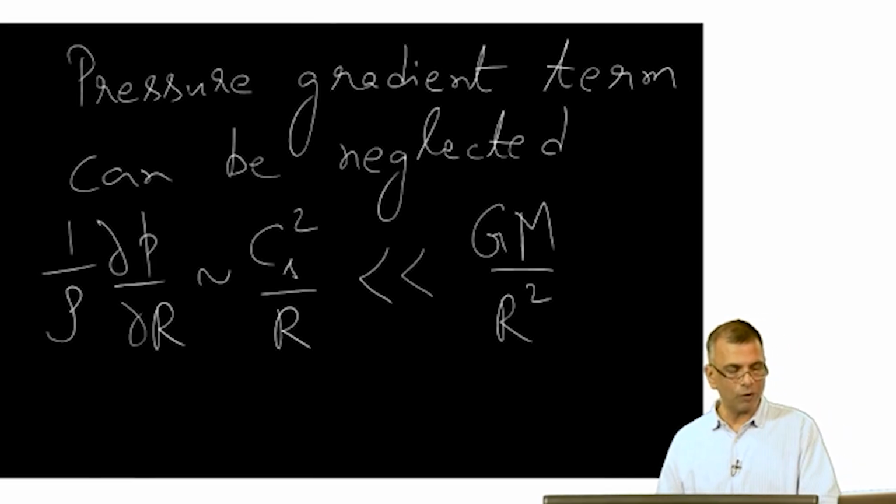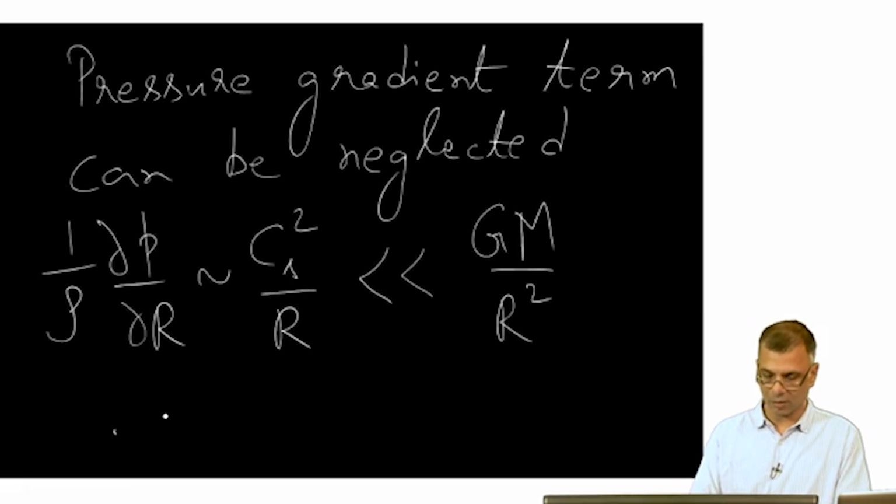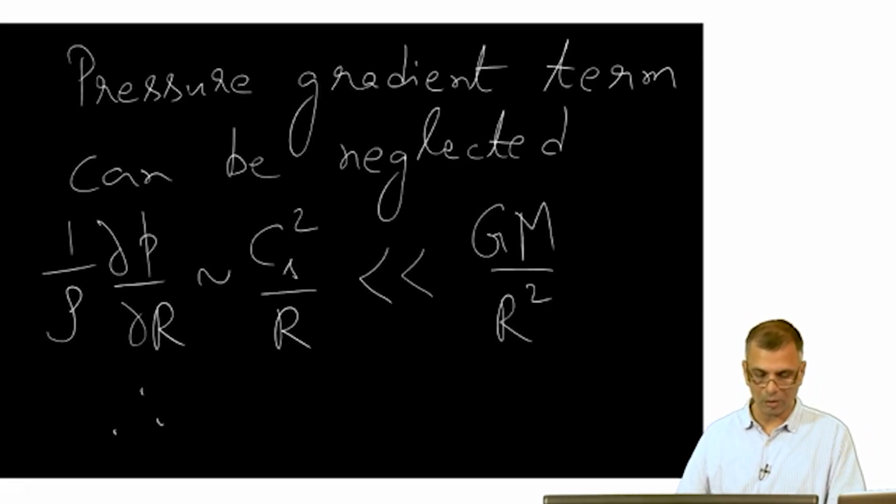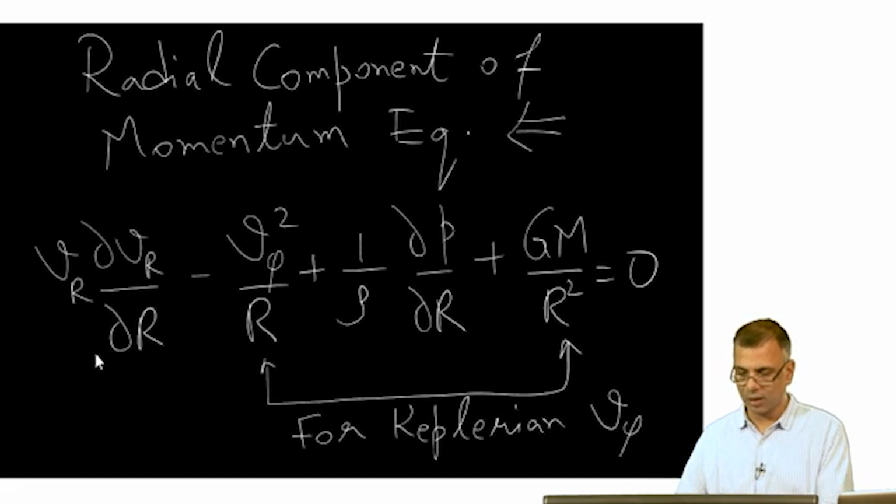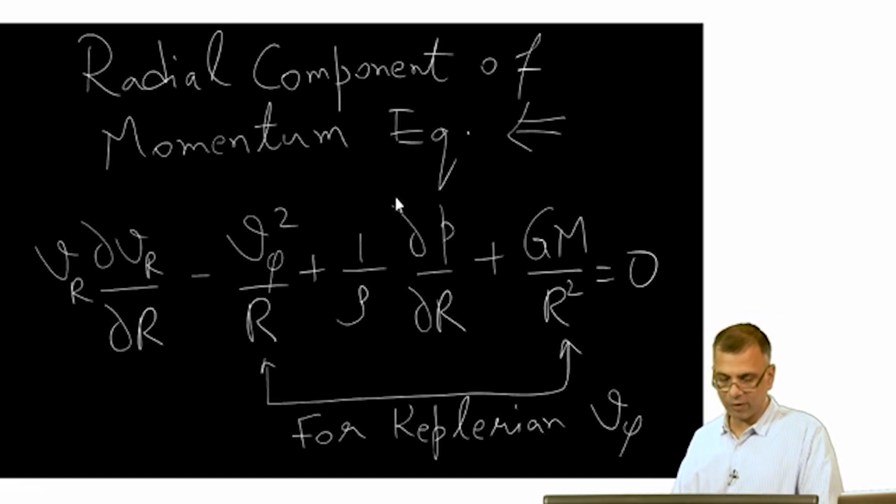Okay, so therefore the pressure gradient term can also be neglected, right? And the VR is small but finite. Okay, but since it's very small in comparison with the other terms, it can essentially be neglected, right?